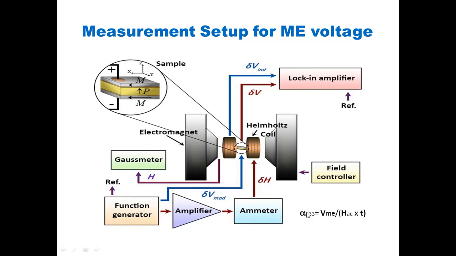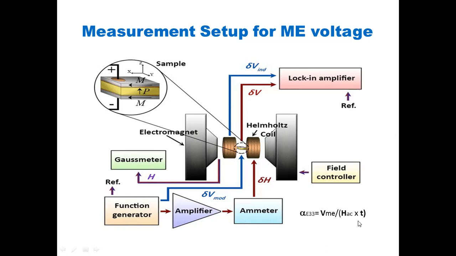So this magnetoelectric coefficient alpha E33 is calculated by substituting the value of this VME, that is the voltage developed across the sample, and below it is divided by HC into T. That means the AC field produced by the Helmholtz coil is to be calculated, and to that, the T, meaning the thickness of the film, is to be multiplied.